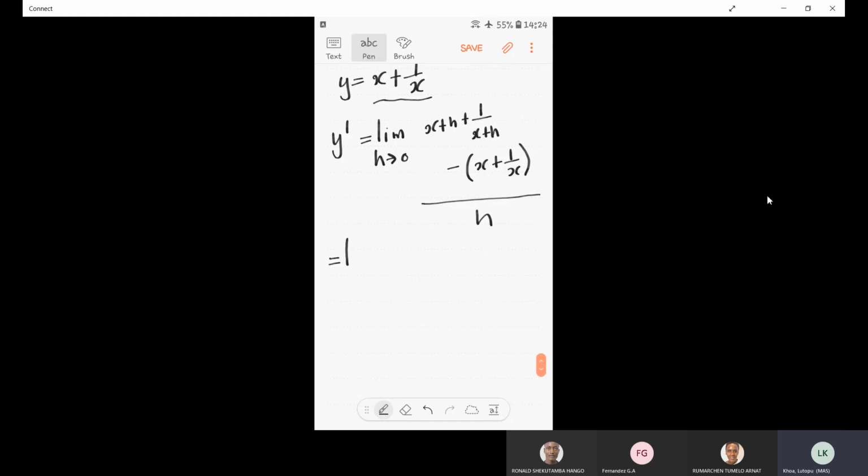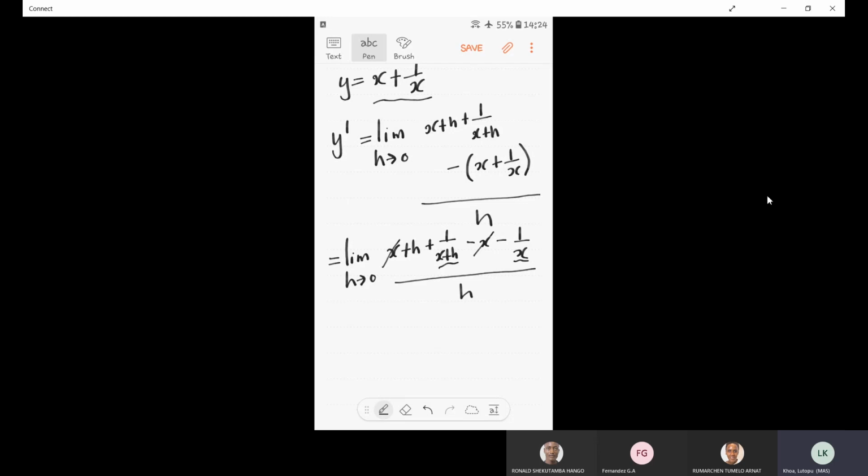So this is equal to the limit as h goes to 0. I have x plus h plus 1 over x plus h minus x minus 1 over x. This is all divided by h. Then see anything that can cancel. This x and that one over there, they cancel. Then these two, there are two fractions that I can combine.